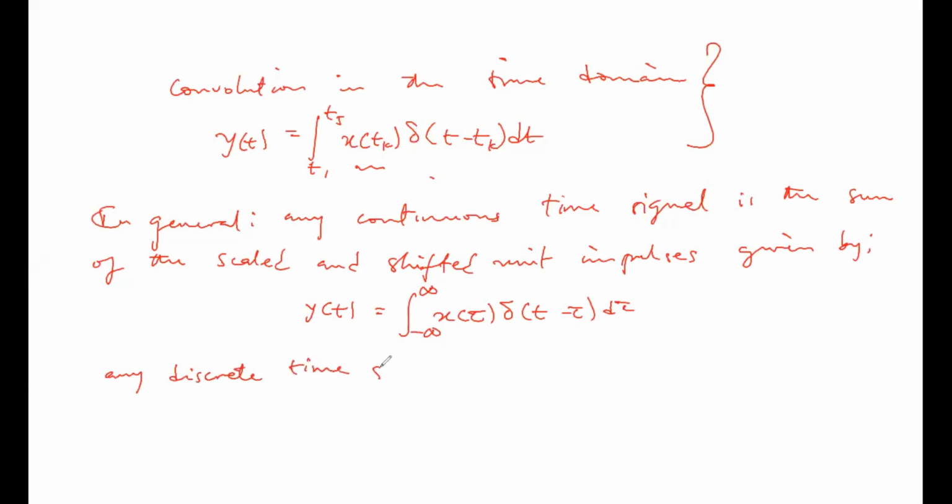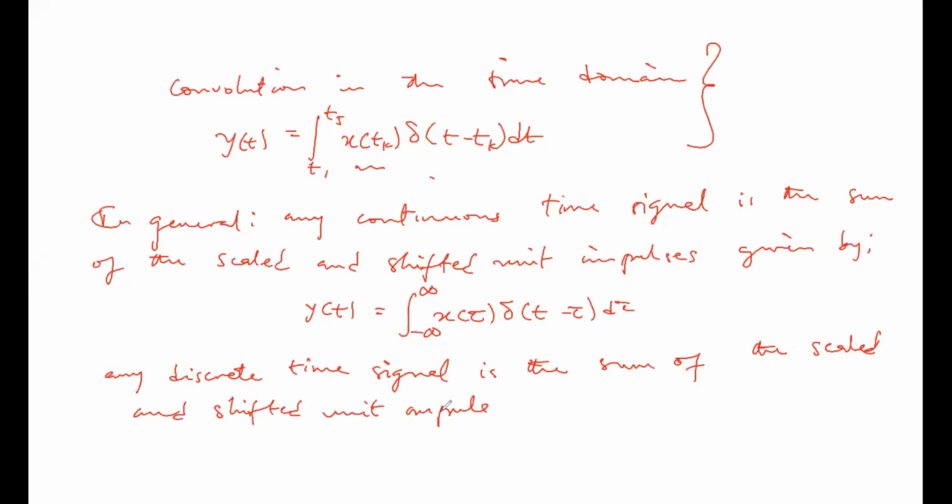And for the discrete time signal, any discrete time signal is the sum of the scaled and shifted unit impulses, given by y of n being the same as the sum for k taking on values from negative infinity to infinity of s of k times the shifted version, delta of n minus k.